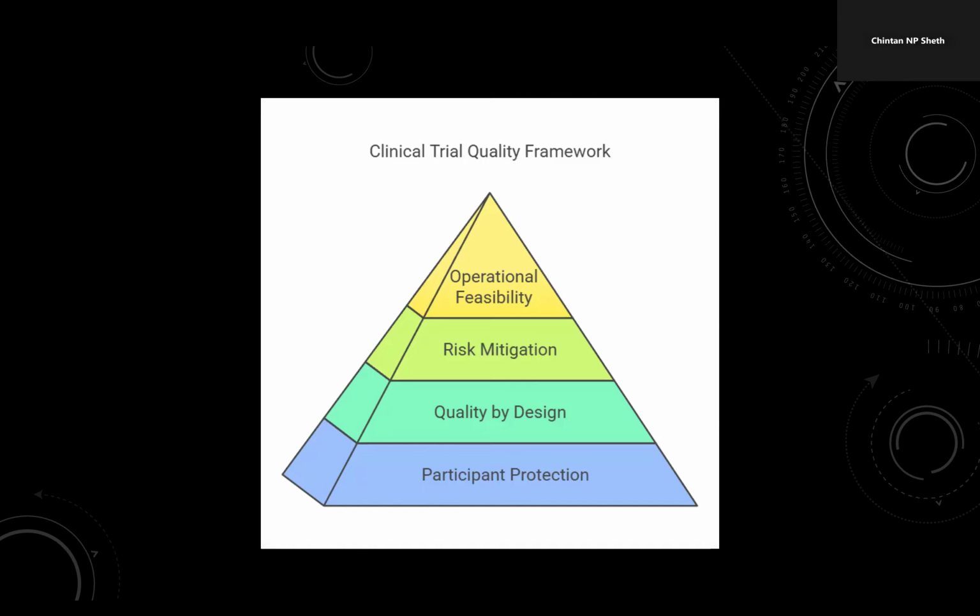Clinical trial processes and risk mitigation strategies is the third part of the quality framework. That risk assessment and mitigation must be done in an effective way. They should be evaluated and collected from the beginning and throughout the study.